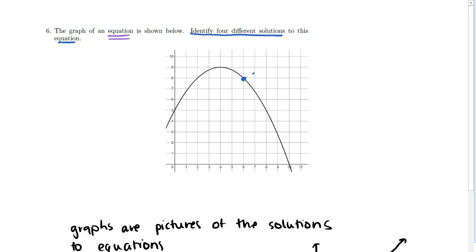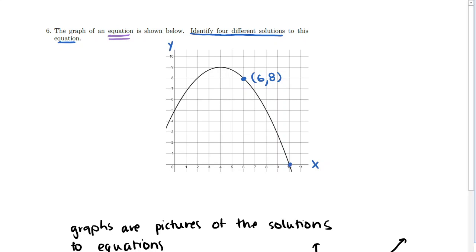Here's this point 6 for a horizontal coordinate and 8 for a vertical coordinate. So x is equal to 6, y is equal to 8 if x represents our input variable and y represents our output variable. So 6, 8, this ordered pair, this is a solution to our equation, even though we don't have the equation.